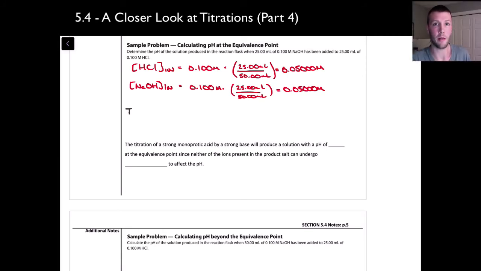Next, I'm going to set up an ICE table. Again, I can ignore water. And we can see here that the initial concentrations of my acid and base are equal to each other, and therefore they're going to completely neutralize each other.